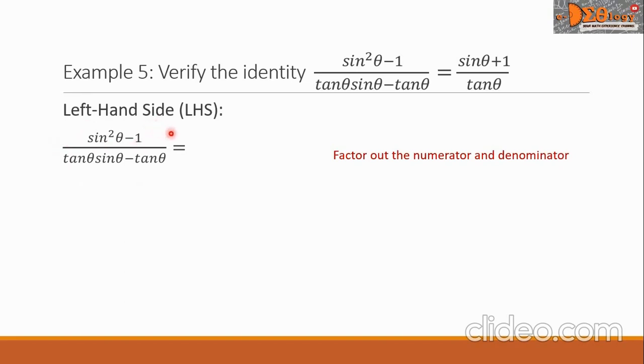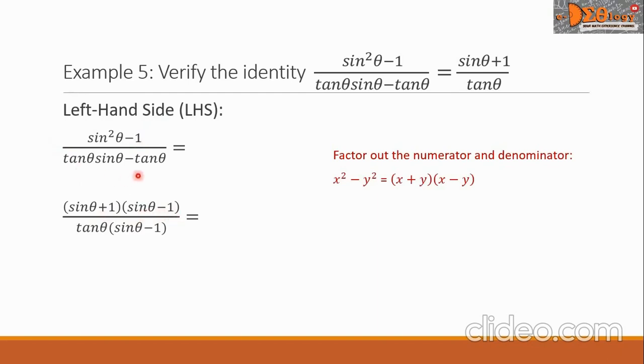So the numerator can be factored out into sine theta plus 1 times sine theta minus 1. In the denominator, there is a common factor, and that is tangent theta. If we factor out that common factor, which is tangent theta, the remaining term here is sine theta, then minus what remains here is only 1.